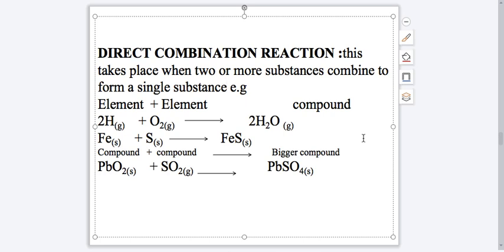An example here is the hydrogen molecule, that is H2. The 2 is put there because it is diatomic.